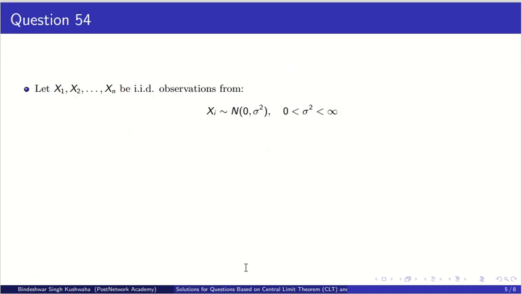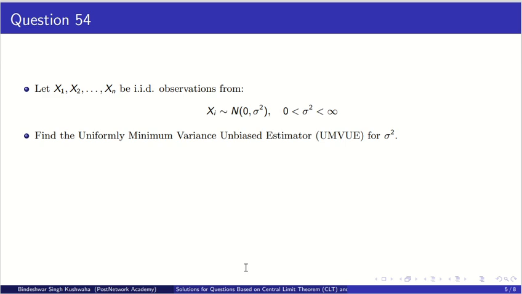Let us see one more problem on the uniformly minimum variance unbiased estimator. Suppose that x1, x2, ..., xn are independent and identically distributed observations from a normal population.